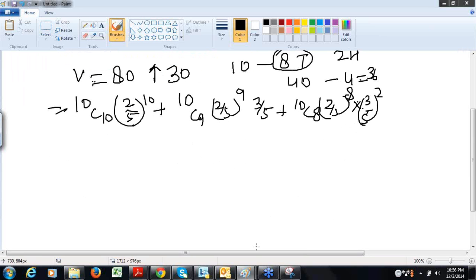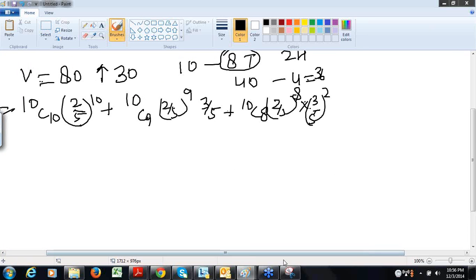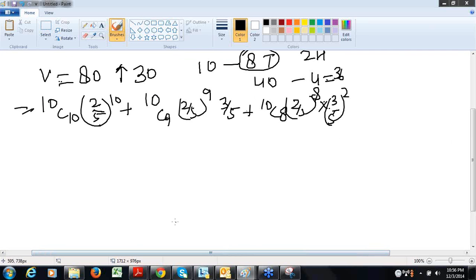So just sum it. What we'll get? We'll get the value as 469 into 2 to the power 8 divided by 5 to the power 10.